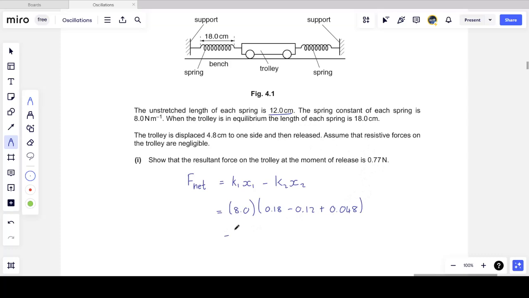The second spring also has a spring constant of 8. Its equilibrium length is 0.18 minus the unstretched length of 0.12, that's the initial extension, minus 0.048, 4.8 centimeters. Since for one we are adding 4.8 centimeters to 18, and for the other we're removing the 4.8 centimeters from 18.